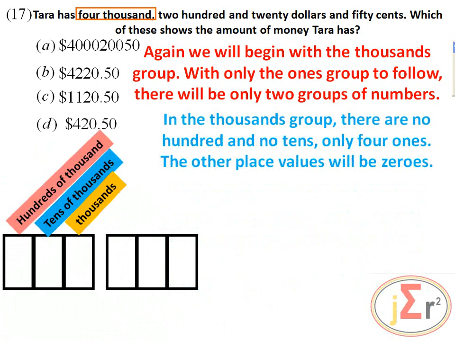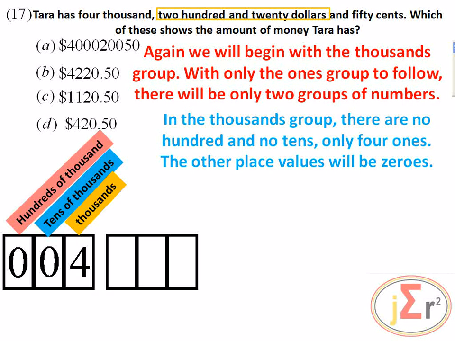In the thousands group, there are no hundreds and no tens. Only 4 ones. The other places will be occupied by zeros.